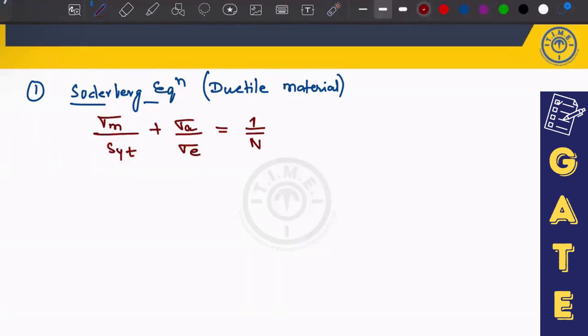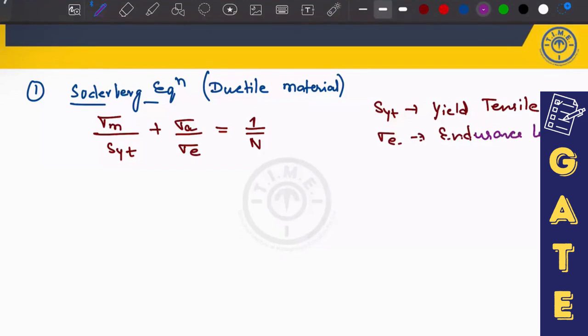I will mention yield tensile strength, which I can represent with sigma YT also. Sigma E is the endurance limit, and n is the factor of safety.